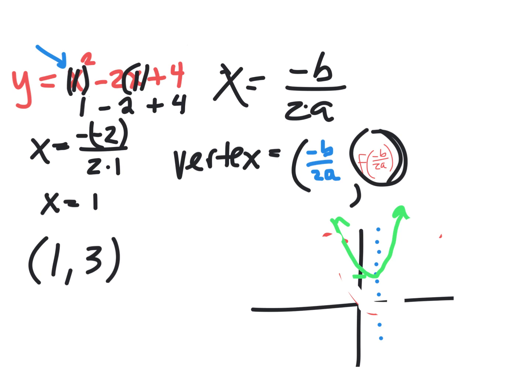Next thing, 2 more weird kinds of factoring. Negative in front. You have to know how to do this. Negative x squared minus 3x plus 4.